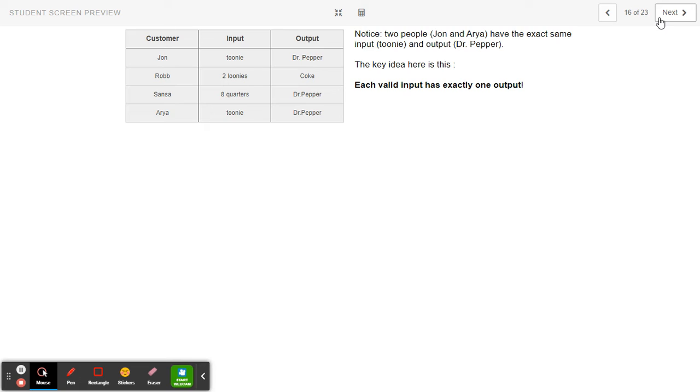So if you put in a toonie, you can't pick a Dr. Pepper and a Coke. That's not allowed. So each valid input has exactly one output. So again, with vending machines, whether I put in a quarter or a loonie or toonie, I can only select one item.